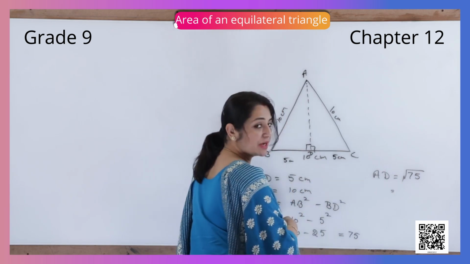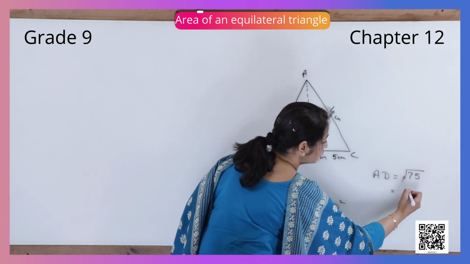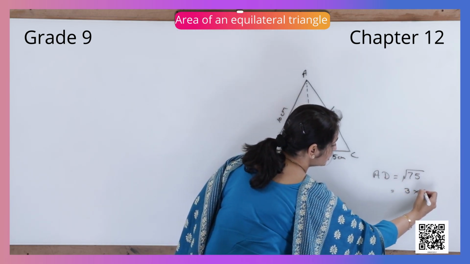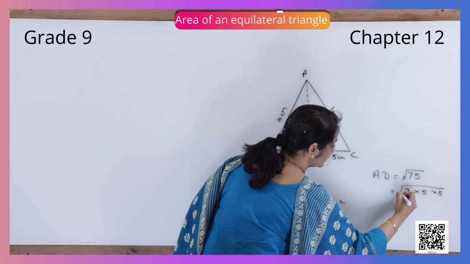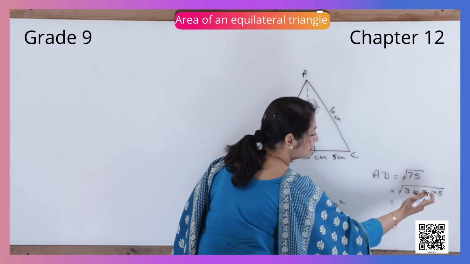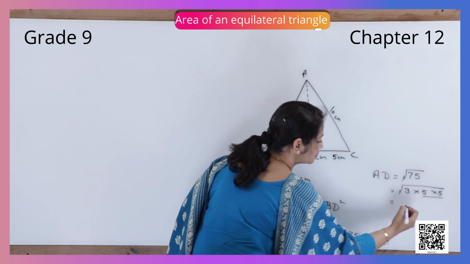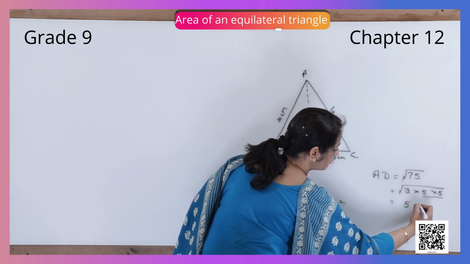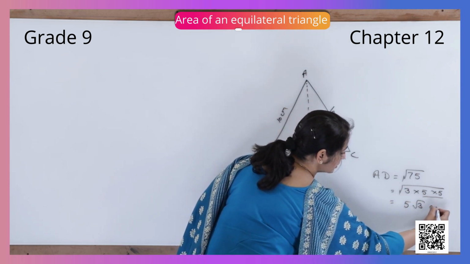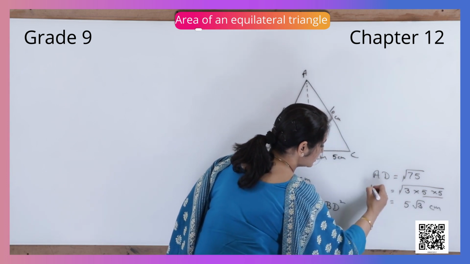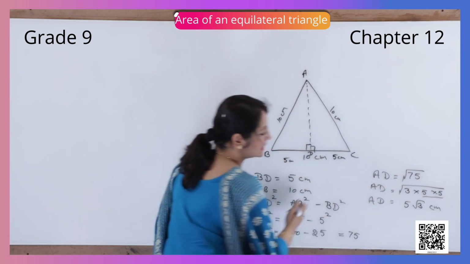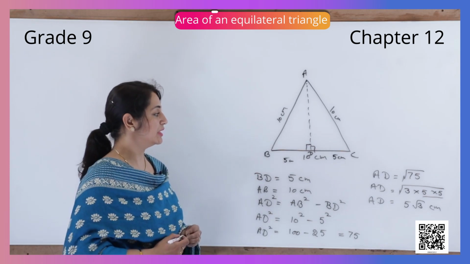Now if we make the prime factors of 75, we will have 3 into 5 into 5. To find the square root, we bring one 5 out of this pair. So here we will have 5 under root 3 centimeters. So this will be the length of AD. AD is equal to 5 under root 3 centimeters.